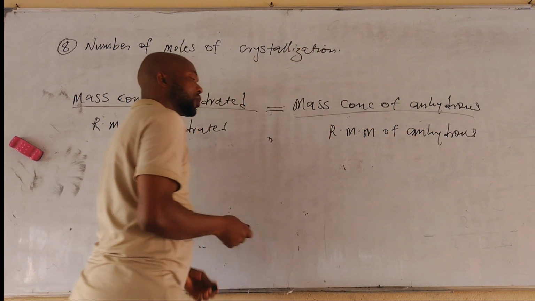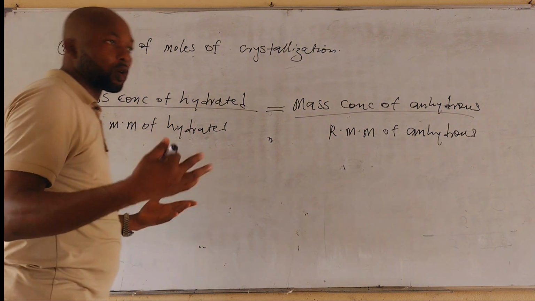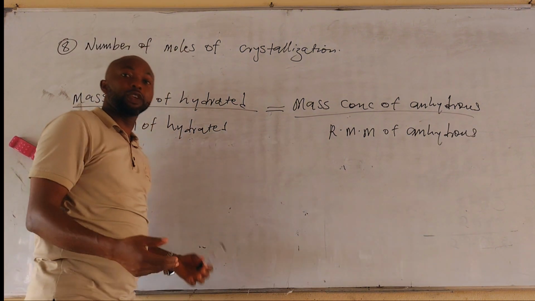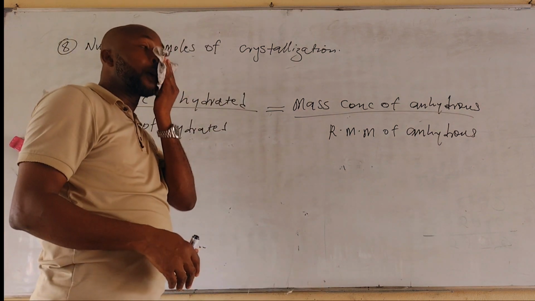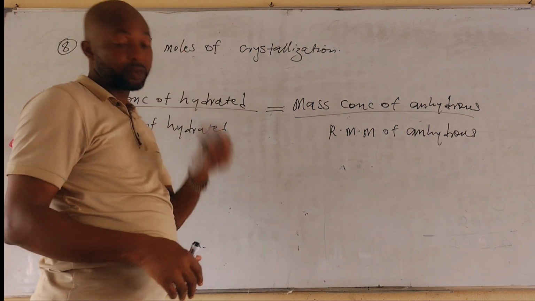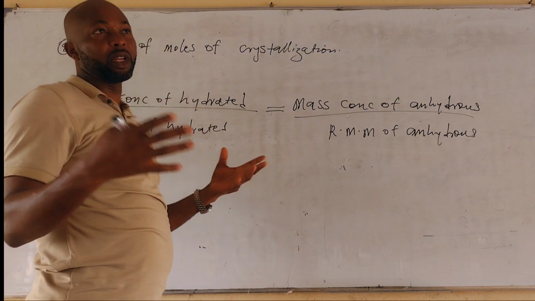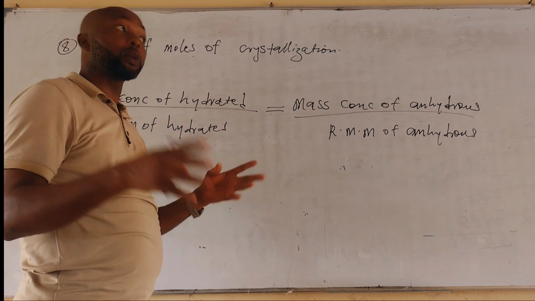Now, these anhydrous and hydrated substances are salts or acids that contain water in them. There are certain salts that when you expose them to the atmosphere, they absorb so much water that they become a solution. While some, the hygroscopic, will absorb a little, the deliquescent will absorb so much, and so on and so forth.